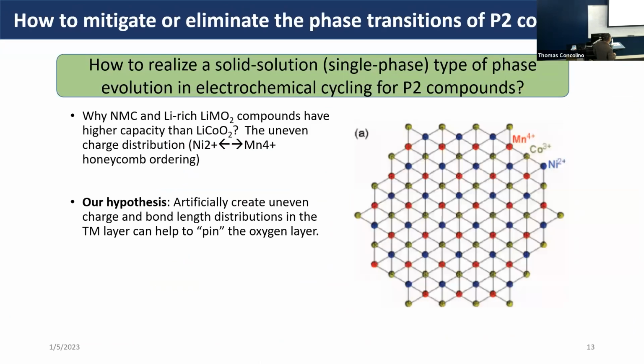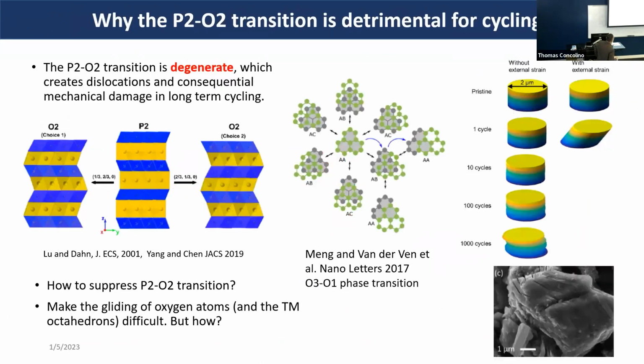Why is it bad? Limited by time, I have to say it very simply. There are many ways to conduct this P2 to O2 transition. They are equivalent crystallographically, but physically it can happen in different directions. It's like if you have a pile of pennies piled together, you can push it in different directions, but they are equivalent.